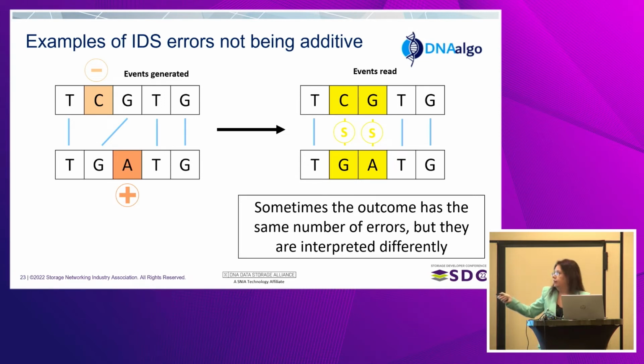The edit distance between these two strings, where we had a deletion and an insertion, is 2. But it may also be explained with 2 substitutions. So in this case, the distance is the same, but the interpretation of the path that we need to follow, starting from one strand and going to another, may be different.